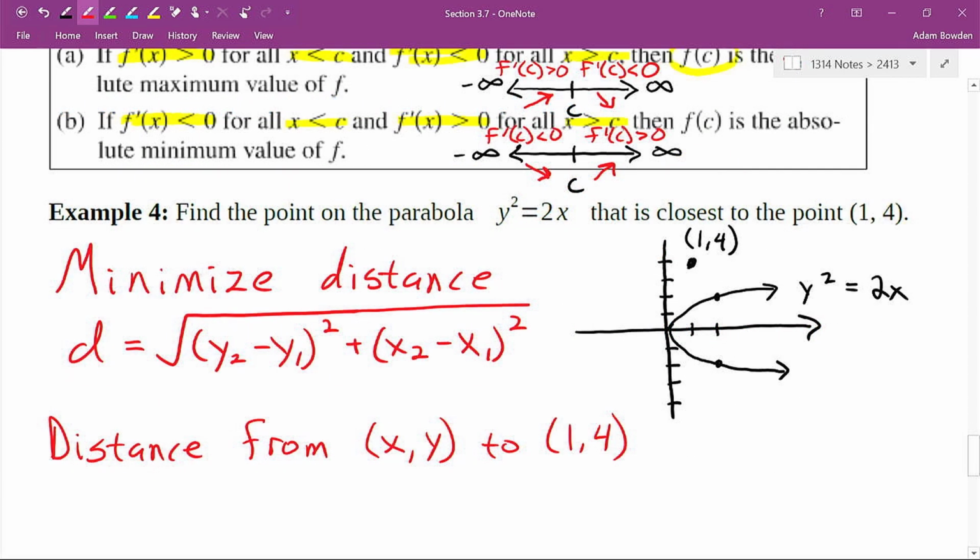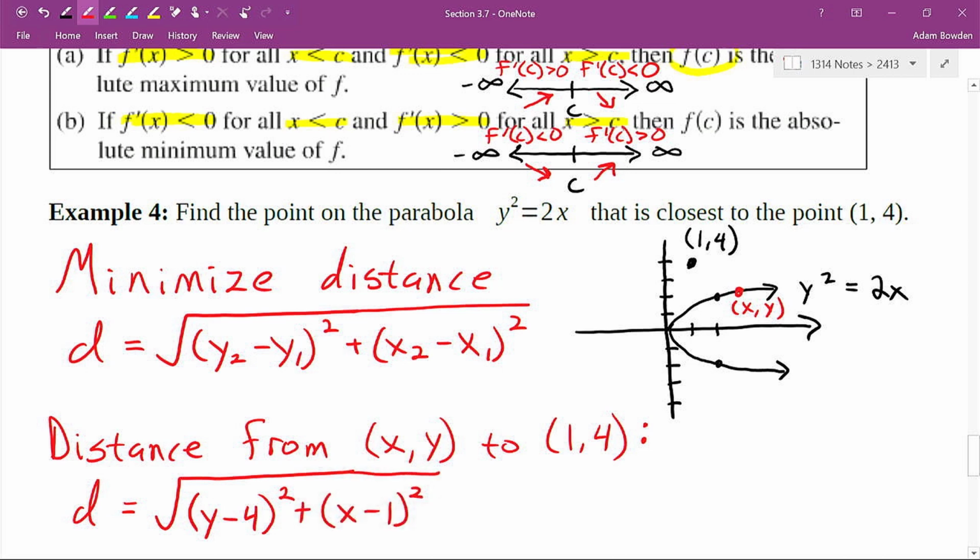In particular, we'd like to find the distance from an (x, y) point on the parabola somewhere, the one that's the closest, to the point (1, 4). So under those conditions, we'll write our distance formula as d equals the square root of y minus 4 all squared plus x minus 1 all squared, where I'm using this as my x2, y2 in the formula, and this one is my x1, y1 in the formula.